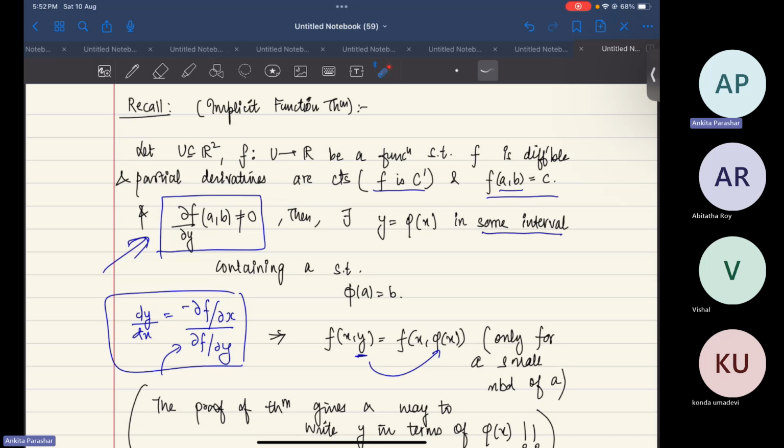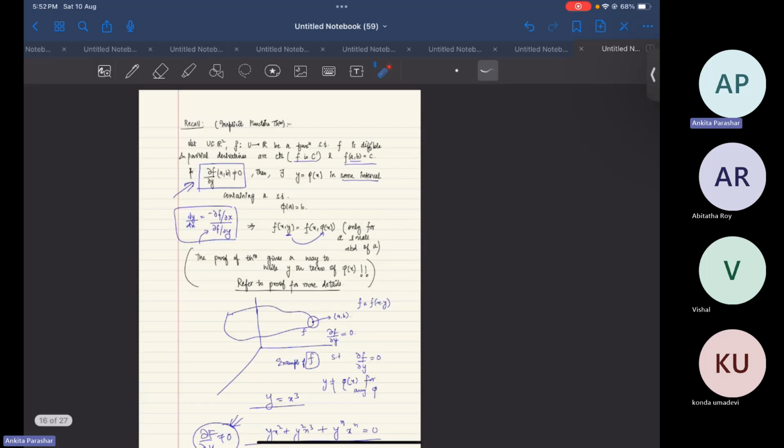But we saw an example where writing y in terms of x is not possible unless this is true. So what this statement is saying is that the partial derivative has to be non-zero, and also that this is very local.